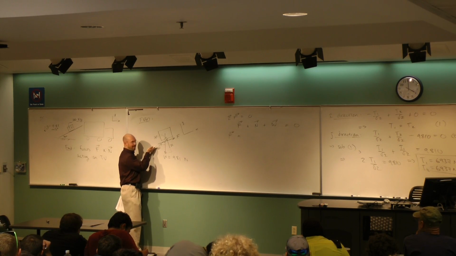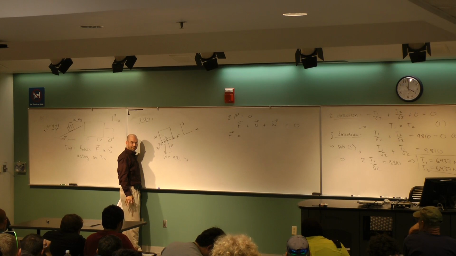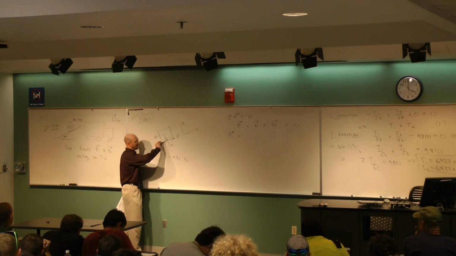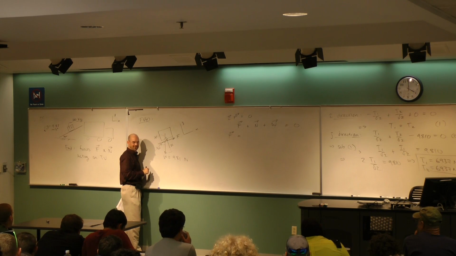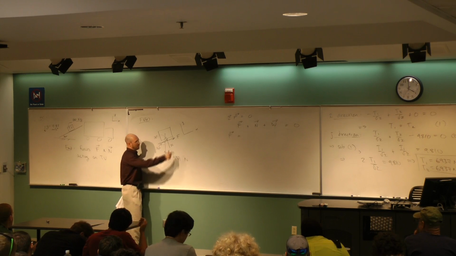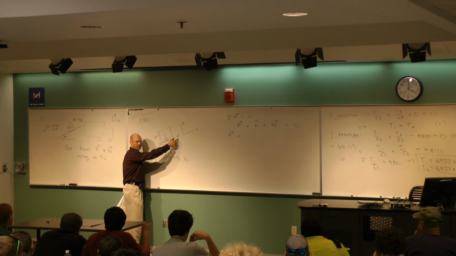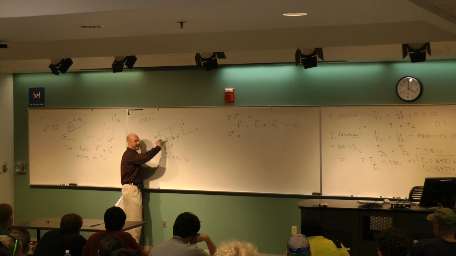Okay. F is in which direction? Here's F. Here's my coordinate system. X direction. Do I know the value of F yet? The letter F, is that a component or is that a magnitude? The letter F is the magnitude of the force.